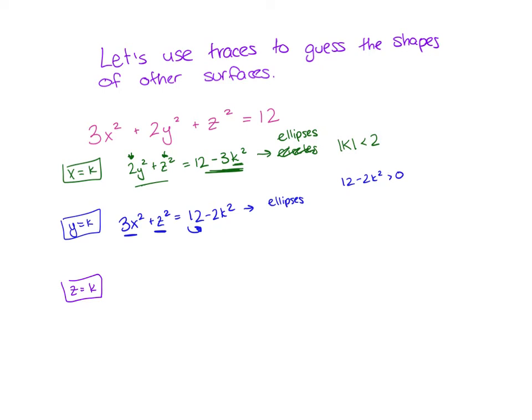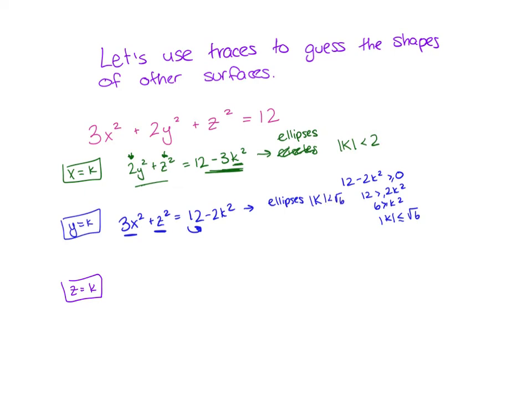So I'll actually show you where I got that absolute value of k expression last time. I'm just going to solve this. 6 is greater than k squared, so absolute value of k, because I'm going to square root both sides, that could be equal to 0 as well, is less than root 6.